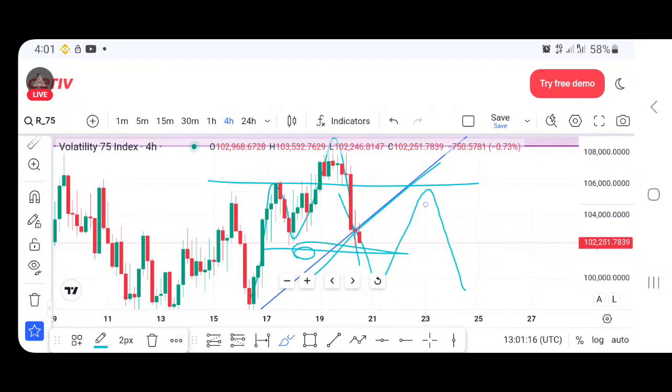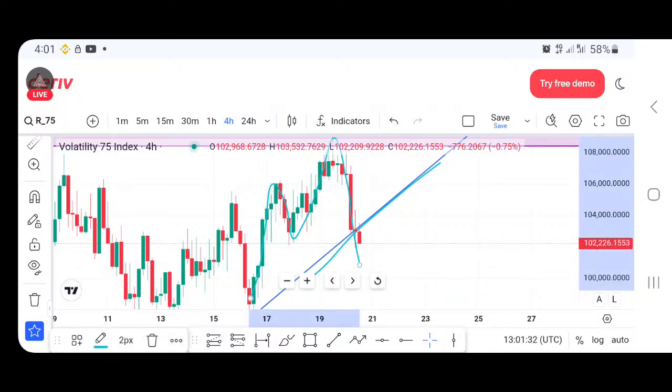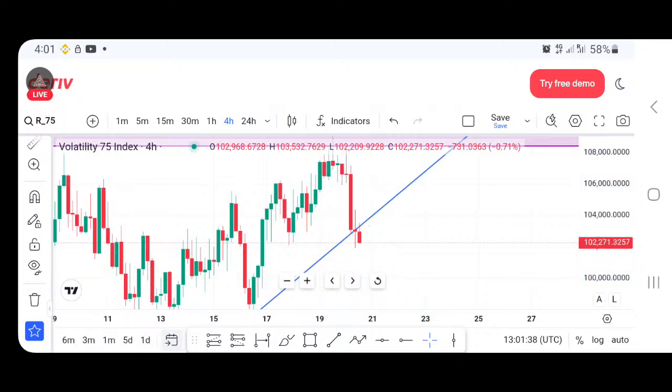Get every word that I talk about, note it down, so tomorrow it will help you when you are doing your analysis. That is going to be helping you. Are you getting the point?